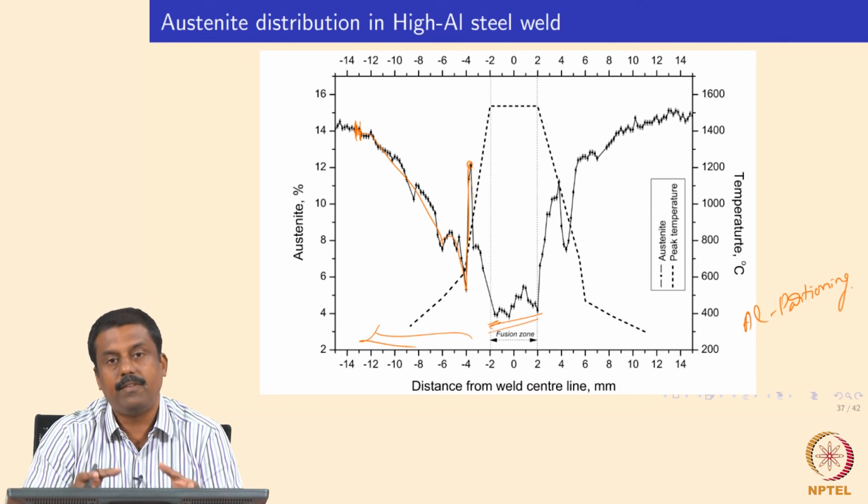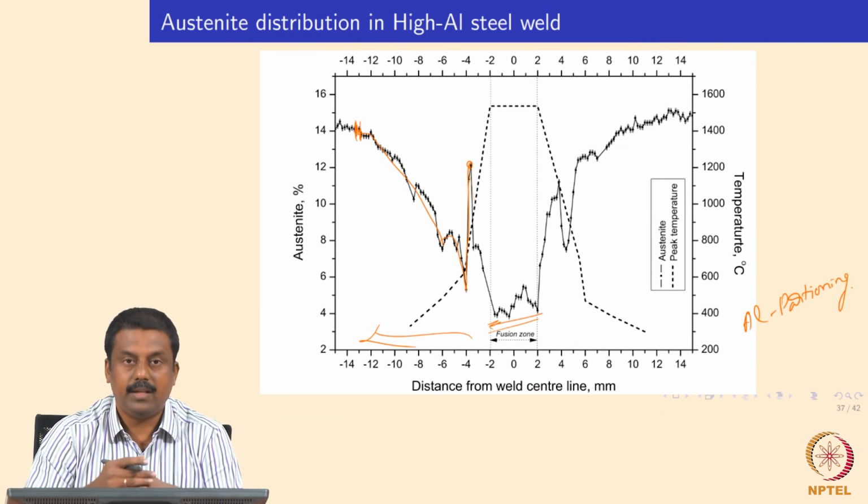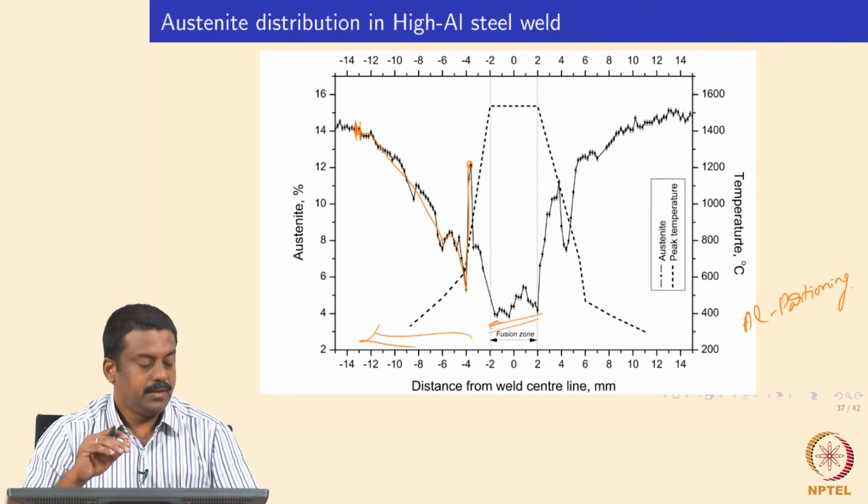But if you have metastable phases like martensite or retained austenite, you will see the effect significantly, thereby you can say that the heat affected zone is enlarged in this kind of steels due to the change in microstructures you observe as a function of peak temperatures.